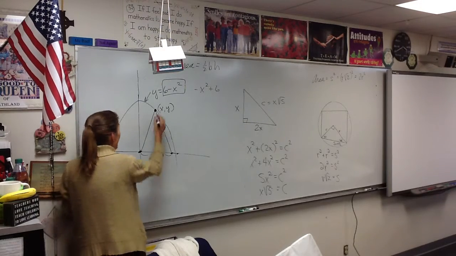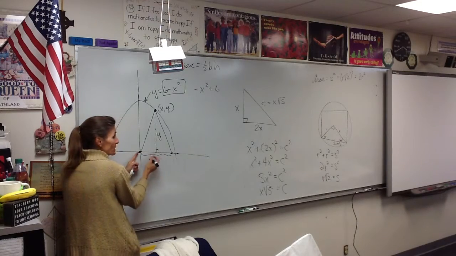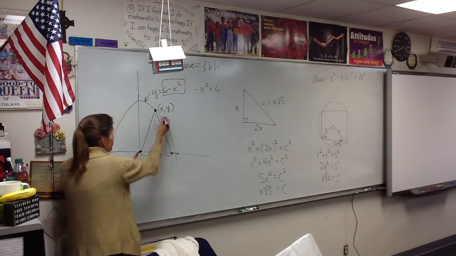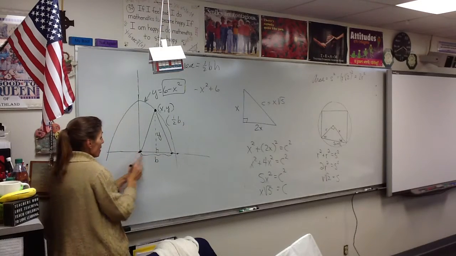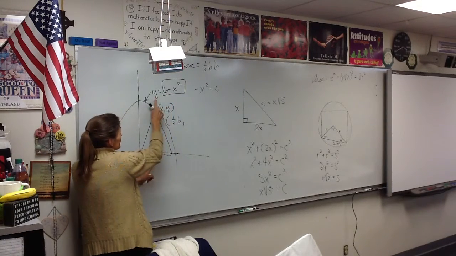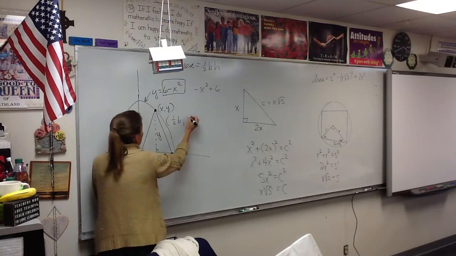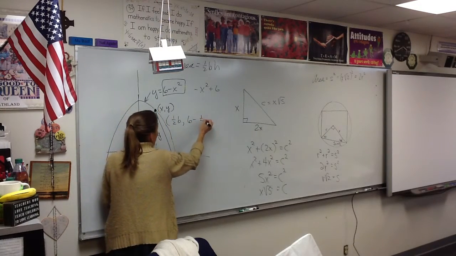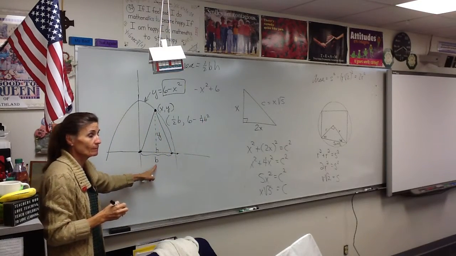But my x, you already told me, is half of b, it's halfway along the base. So my x coordinate is half of b. My y coordinate is determined by this equation. So my y coordinate will be 6 minus 1/2 b squared, or 1/4 b squared.